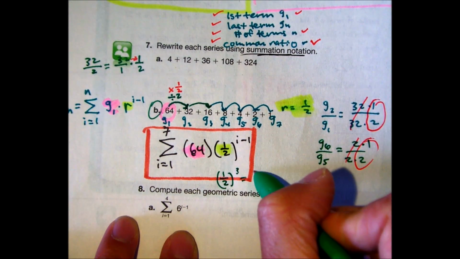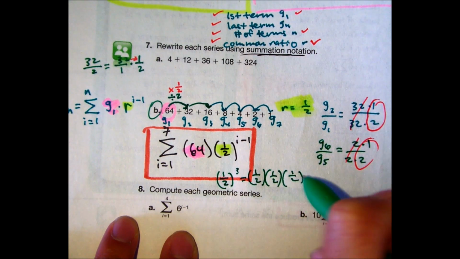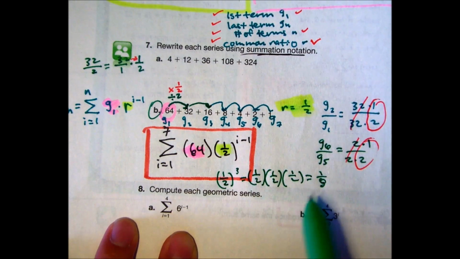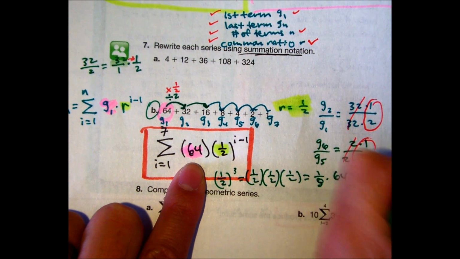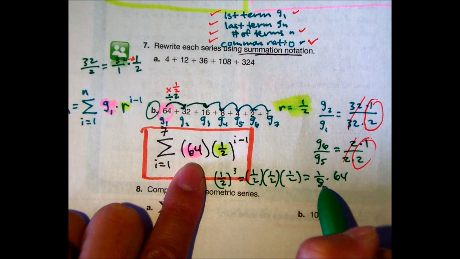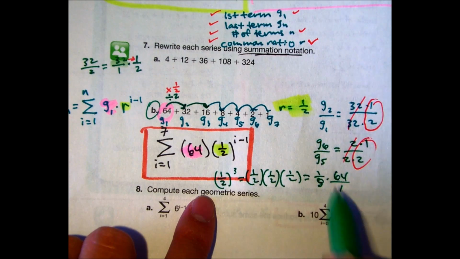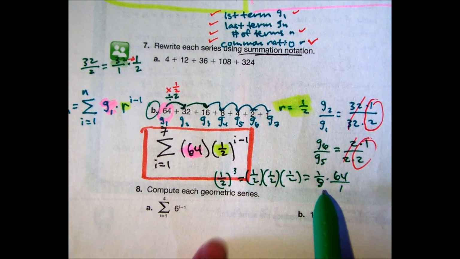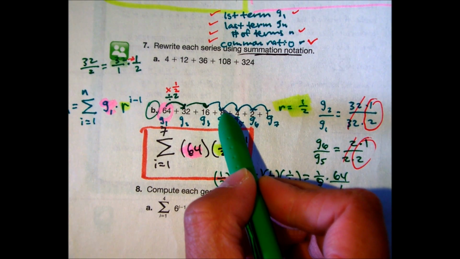That means 1/2 times 1/2 times 1/2, which is 1/8. 1/8 times 64. Remember, multiplying by a fraction is the same thing as dividing by that number. So 64 divided by 8 is 8. And that's our answer. That's how you get the 4th number on the list.